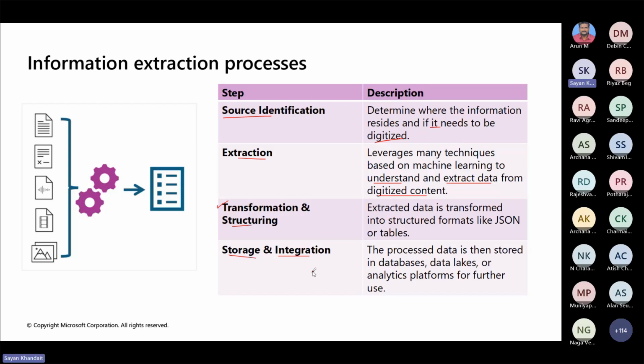Some examples of information extraction scenarios: if a company needs to process employee expense claims and has to extract expense descriptions and amounts from scanned receipts, or if a customer service agency wants to analyze recorded support calls in order to identify common problems and solutions. In these different types of cases, information extraction can be used.